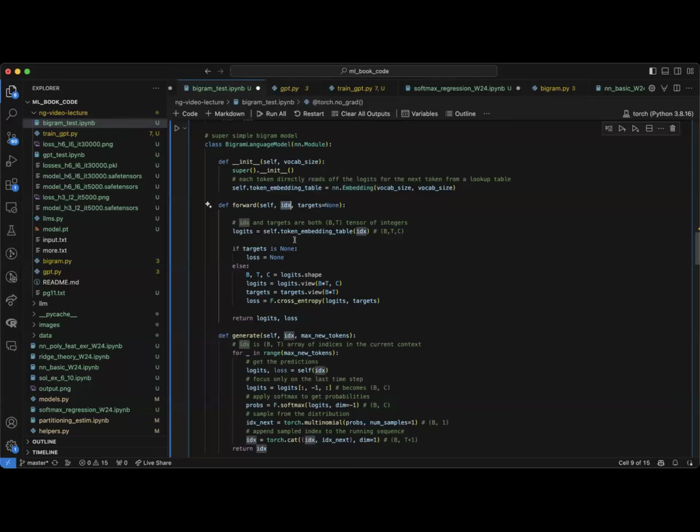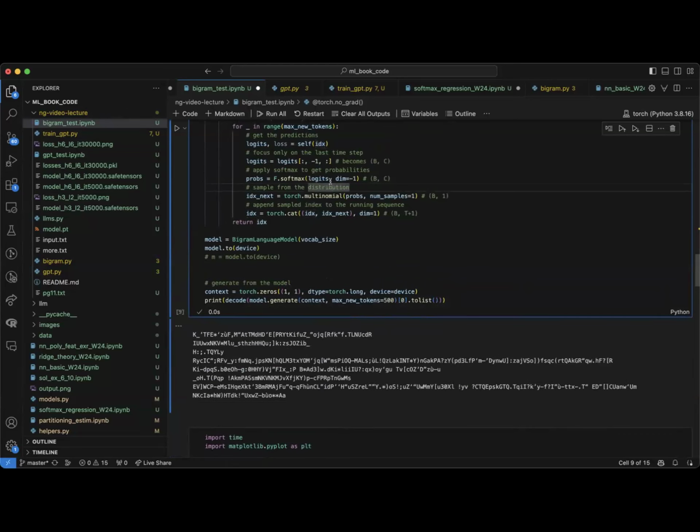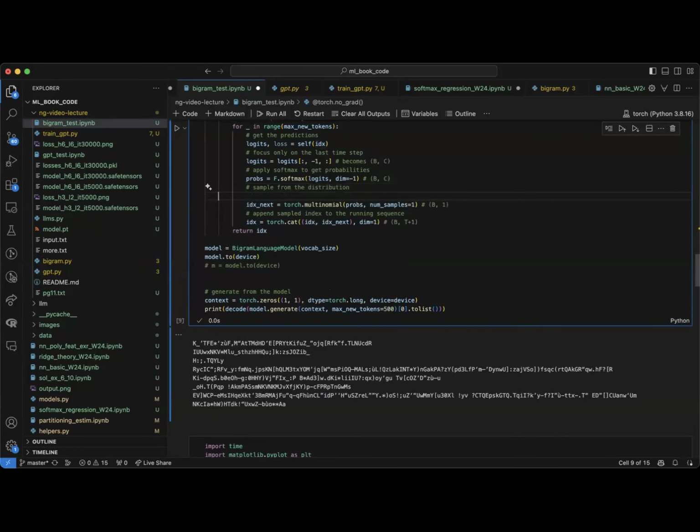And it would be B by T. So batch size by T, once you pass it through this embedding token table, will be B by T by C. So for every pair of indices, you're going to see, I have some better slides I'm going to go through next. So instead of going over the code, I realize it's easier, but this is the code, okay? If you have the question, let me show you the output of this.